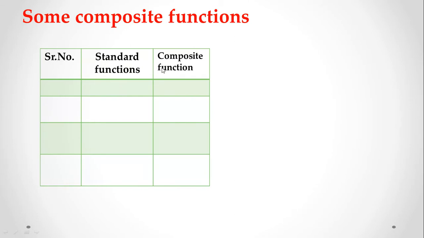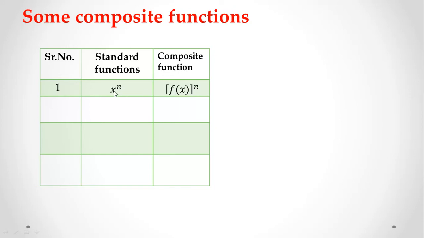We will compare the composite function with the standard functions that we have discussed already in the last lecture. So see here, the first function, we know that it is x raised to n. Now related to this x raised to n, the composite function will be f(x) raised to n. So here it is a function of x, so it is written as f(x).